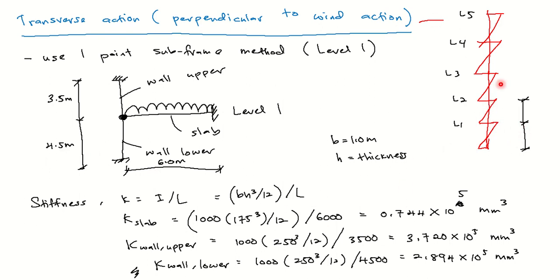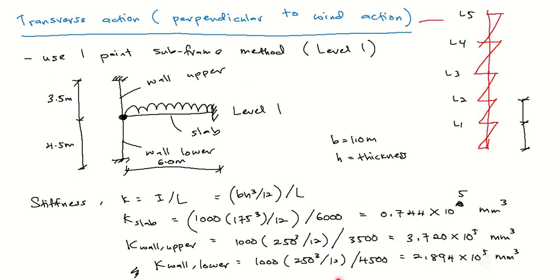Up to the roof floor here, it is 3.5. Just from ground to level 1 here is 4.5 meters. So we will only use this one, 3.72 for the K.